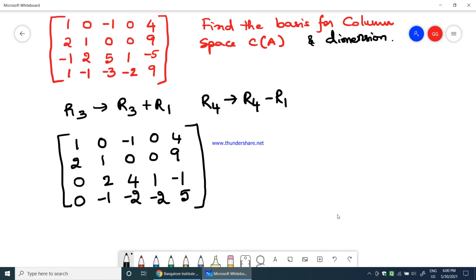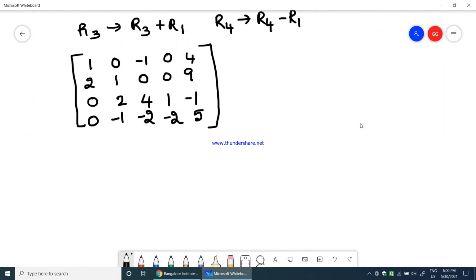Now I'll go with R2 equal to R2 minus 2 times R1.